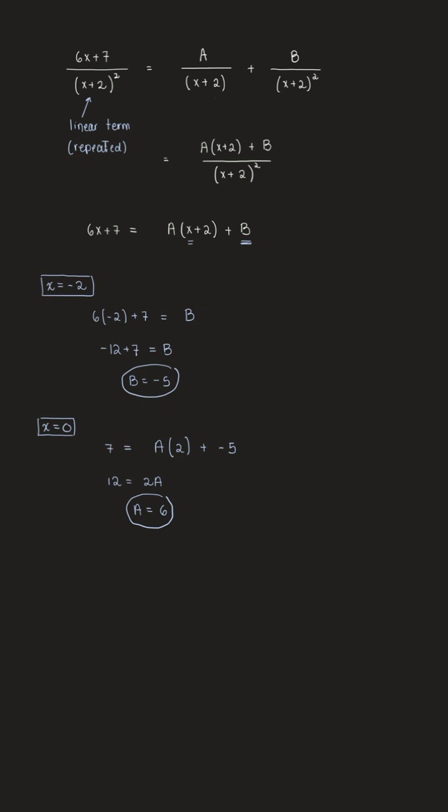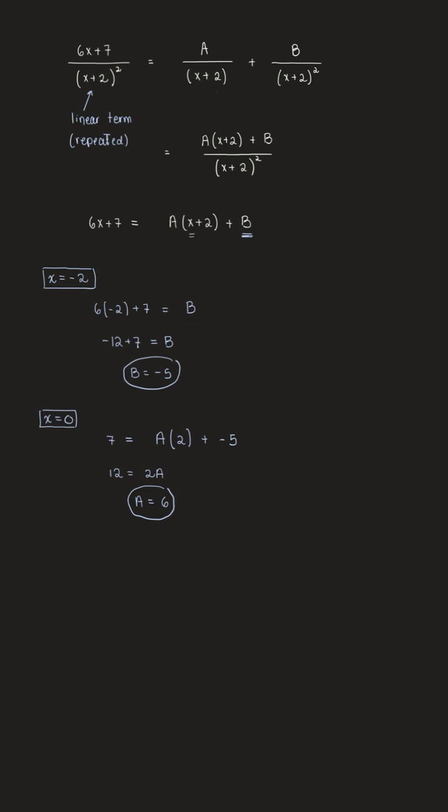All right, so let's set up our integral. I'm going to look at the right side of the equation and use those partial fractions so that I can integrate more easily. So our integral will be A, which is 6, over x + 2 dx, minus B, which is 5, over (x + 2) squared dx.